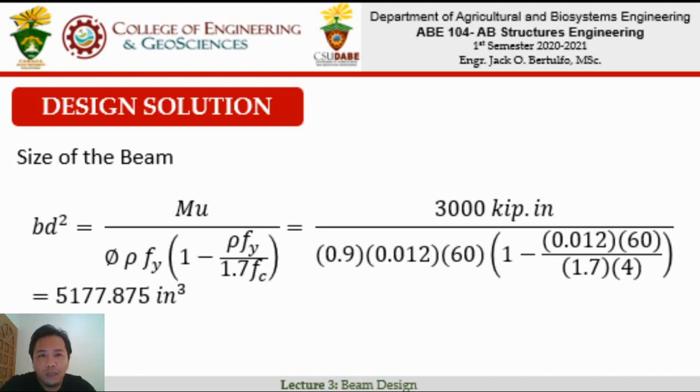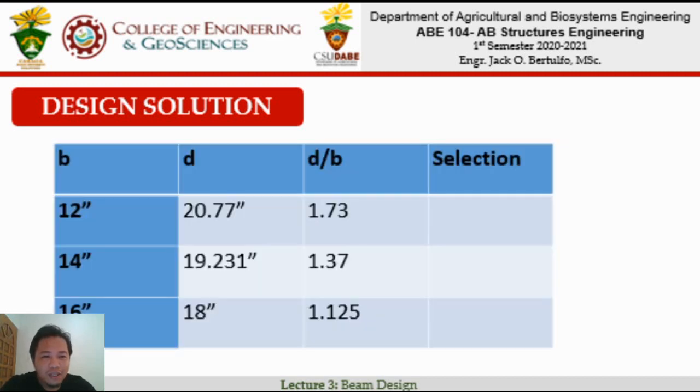Since we are designing, we need to decide what the dimension of our concrete should be, so we need a trial and error stage. Let's use this table. I decided that I will use 12 inch, 14 inch, and 16 inch. Which of these widths will correspond to a safe dimension for D?